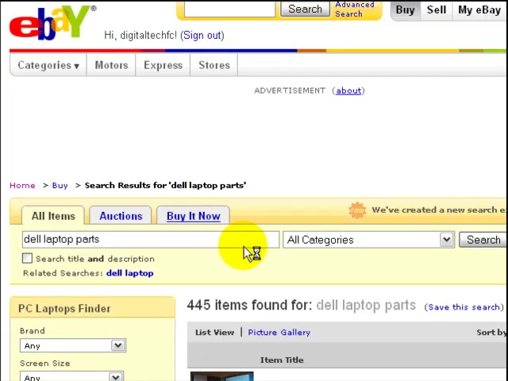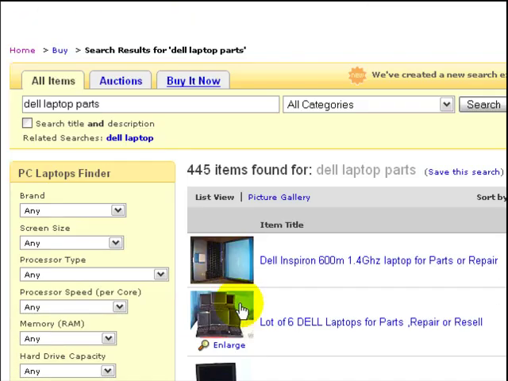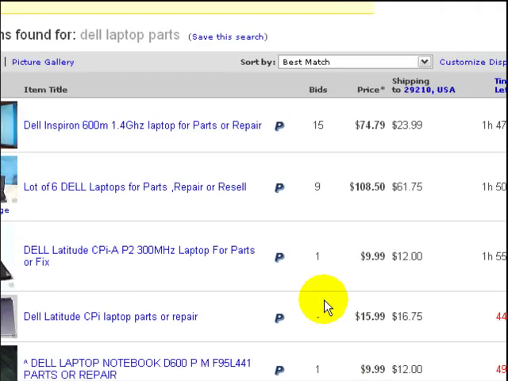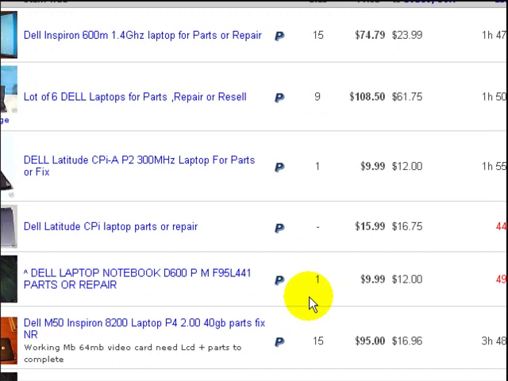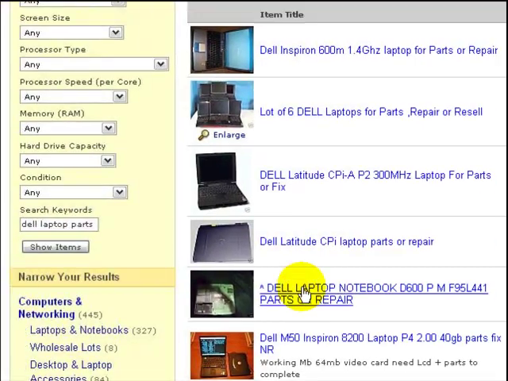And of course that narrows it down to only 445 items. But by doing so, you increase your actual bidding or conversion rate and they're specifically looking for Dell laptop parts. They're not looking for HP parts, they're looking for Dell. So that right there can help you.